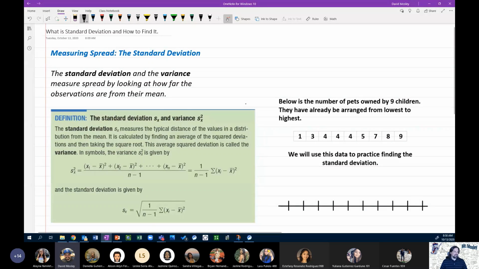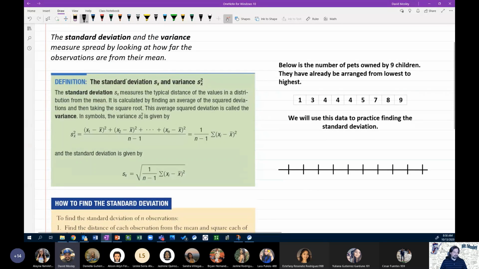So we have this definition. Standard deviation, S sub x, measures the typical distance of the values in a distribution from the mean. It is calculated by finding an average of the squared deviations and then taking the square root. This average squared deviation is called the variance.